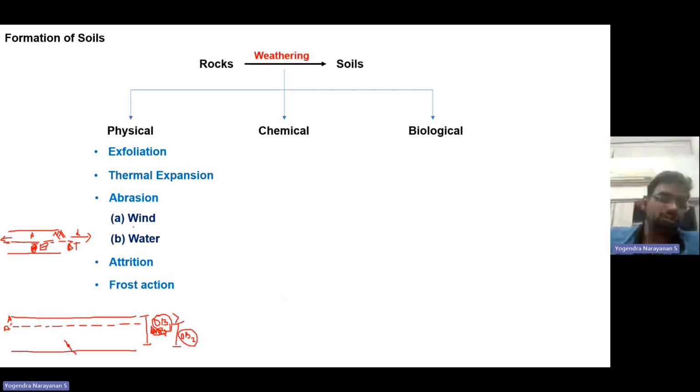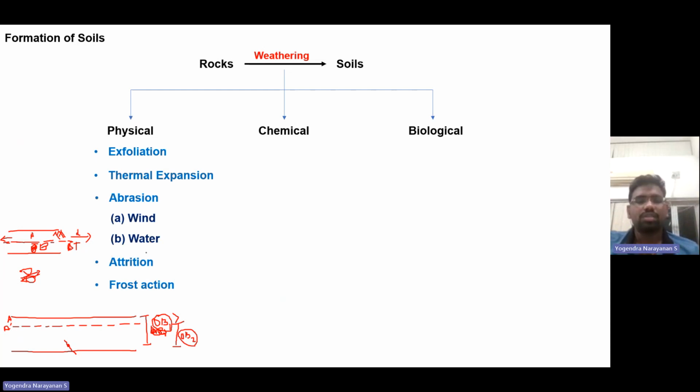And abrasion due to wind and water. Abrasion is essentially a rough interaction between two particles. If these two particles are suspended in wind, it is known as wind abrasion.